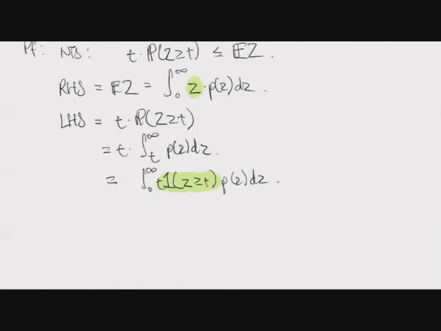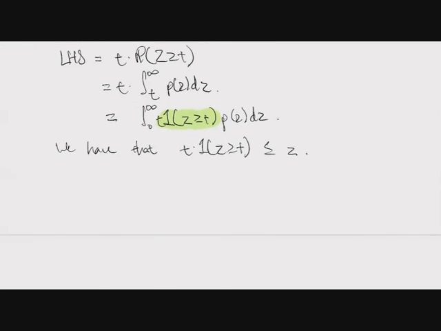But we have that no matter what value of t it is, this function is always less than the function z, as a function of z. In fact, we can draw a picture.